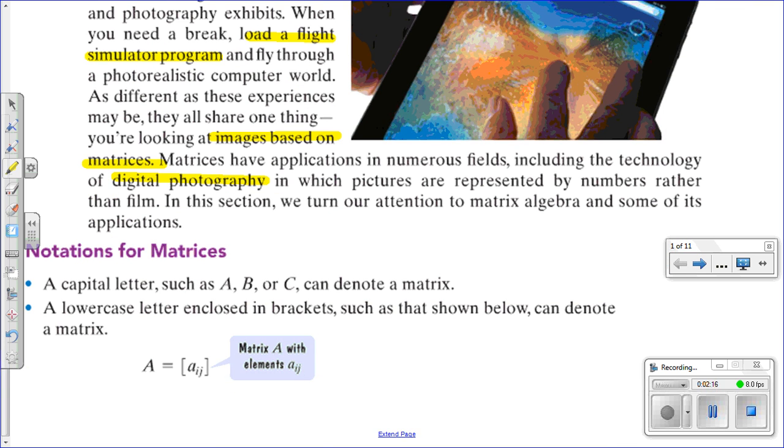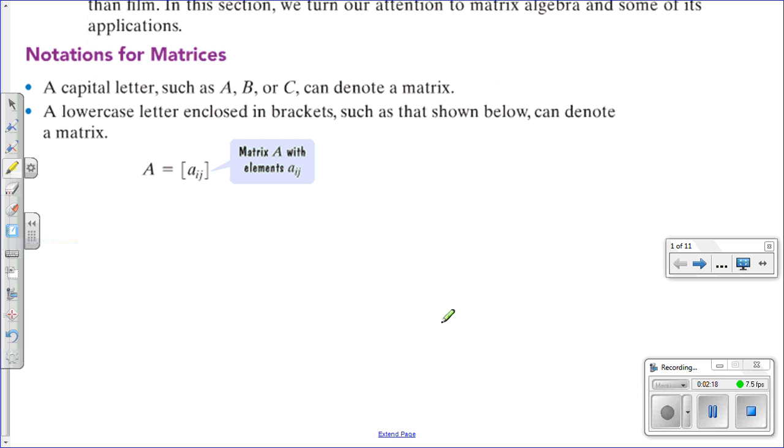So let's look at notations for matrices. Before anything, we're going to use capital letters to refer to matrices such as A, B, or C. Lowercase letters will represent a specific entry inside the matrix. So for example, for matrix capital A, we could refer to each element by using a lowercase a, and here the letters i and j each represent one thing.